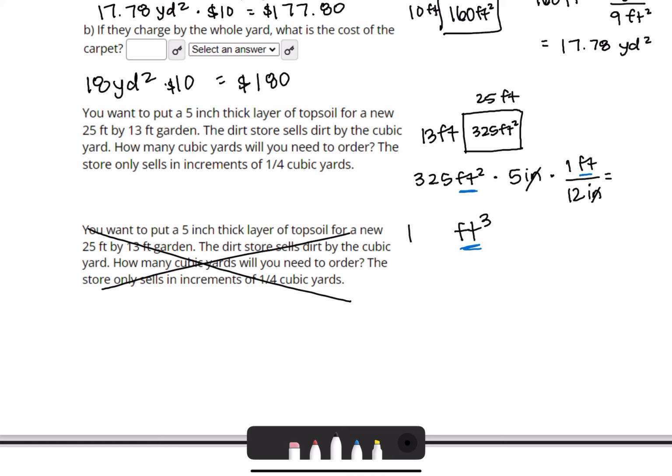And we get 135.417. I guess we could round it to 0.42. And we want to convert that to cubic yards. So 1 cubic yard is 27 cubic feet.